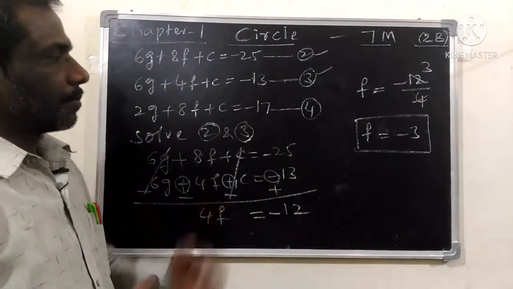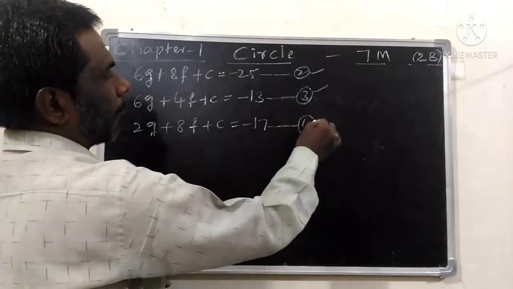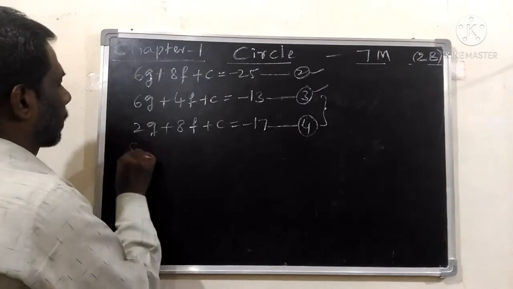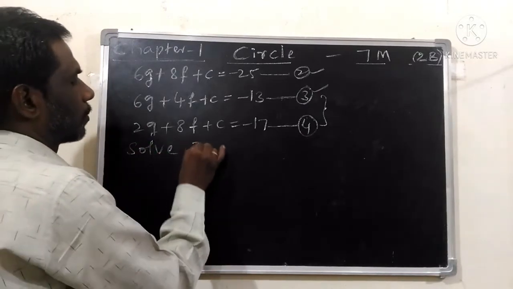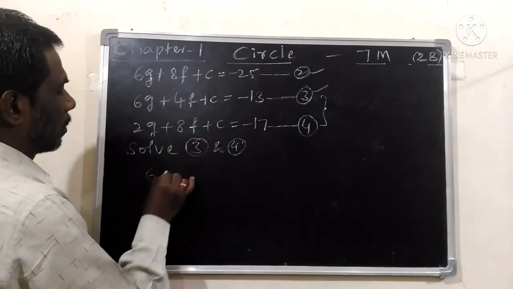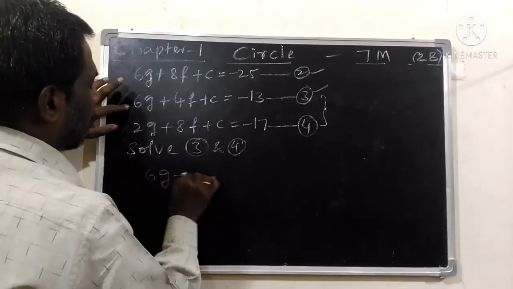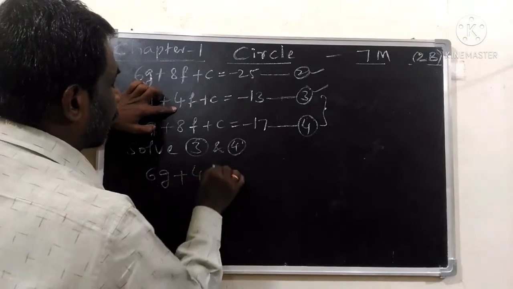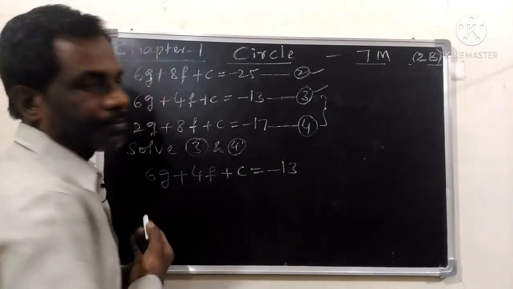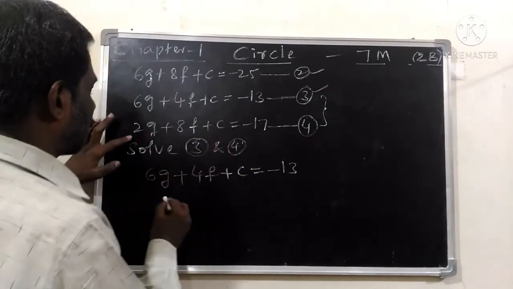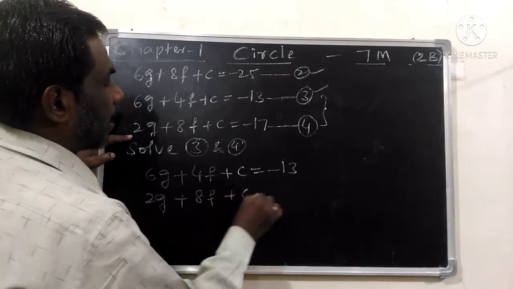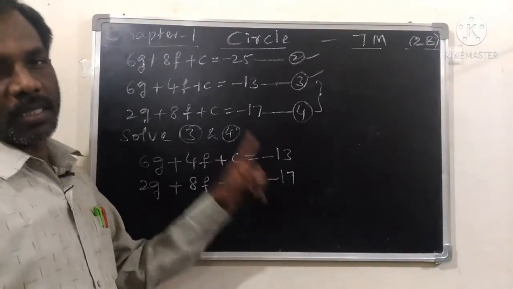After getting this, now solve 3 and 4. These two equations I am going to solve now. The third equation: 6g plus 4f plus c equals minus 13. And next the fourth equation: 2g plus 8f plus c equals minus 17.